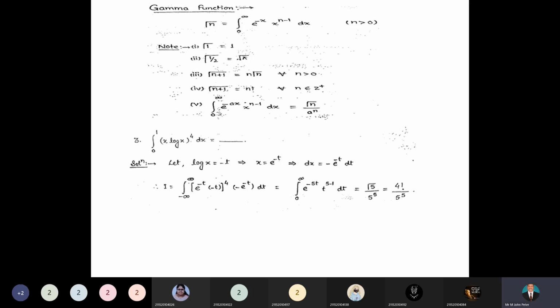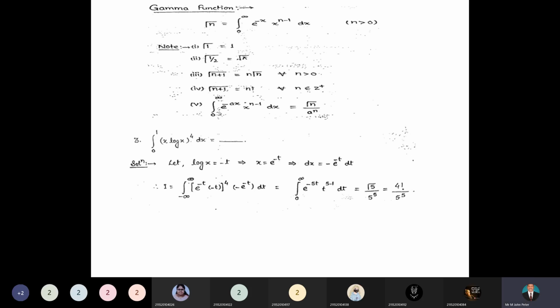Instead of log x, what you have to do is minus t, so that is (minus t) power 4. Then x is e power minus t, whole power 4 will get, so that is e power minus 4t. It will be e power minus 4t, t power 4. Then for dx, you will get minus e power minus t dt.